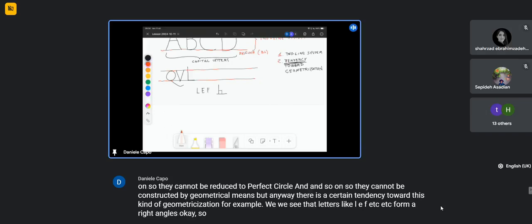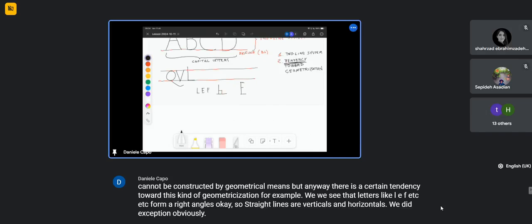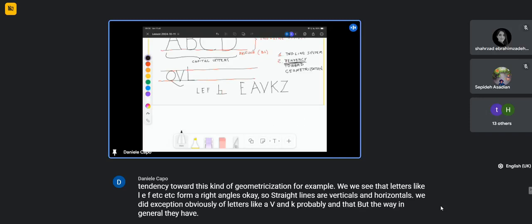So straight lines are verticals and horizontals, with the exception, obviously, of letters like A, V, and K, probably, and Z.